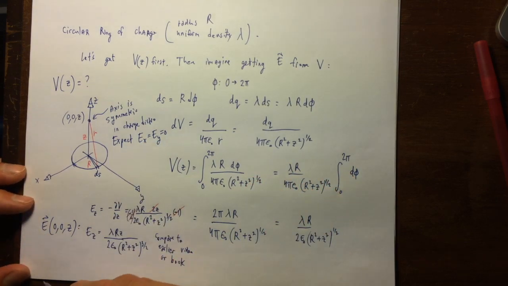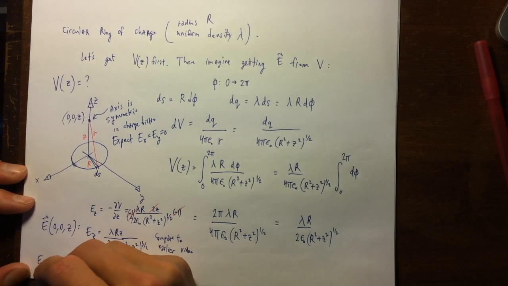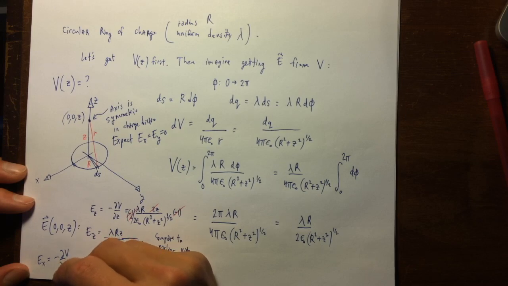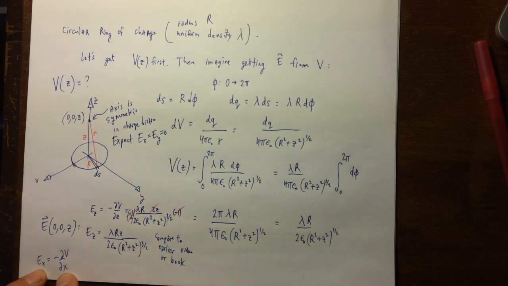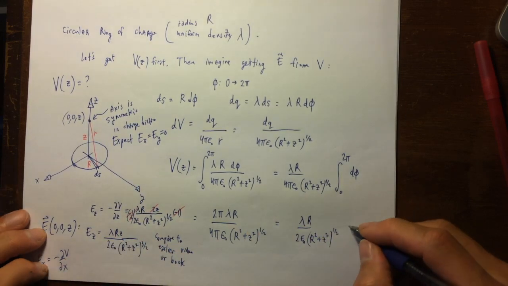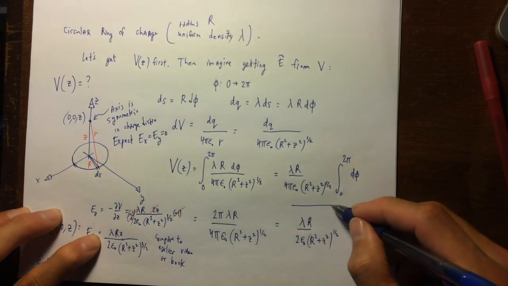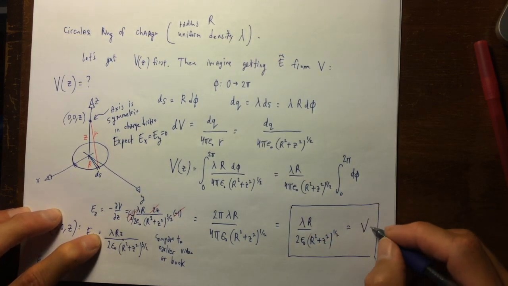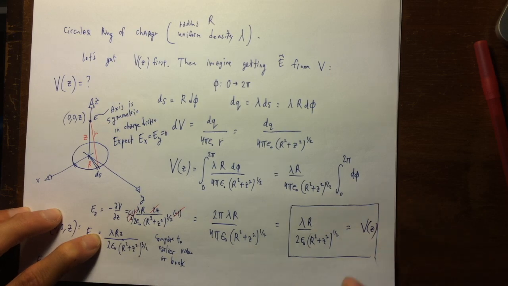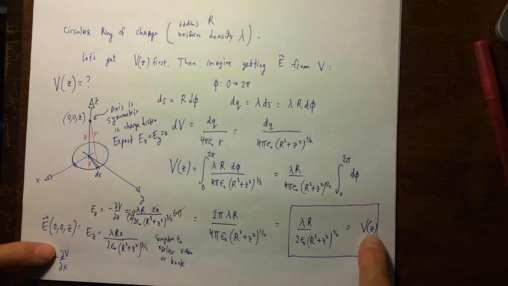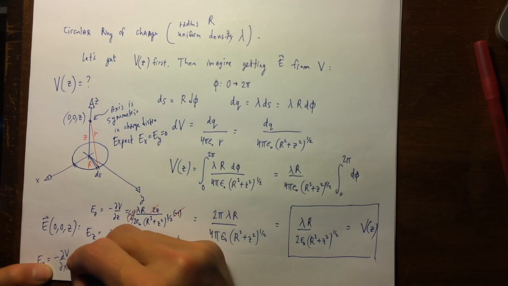So if I check, how about Ex? It's minus dV by dx. If you look at V, this is V right here. It only has an explicit dependence on z. So when you take the derivative, it's just 0.